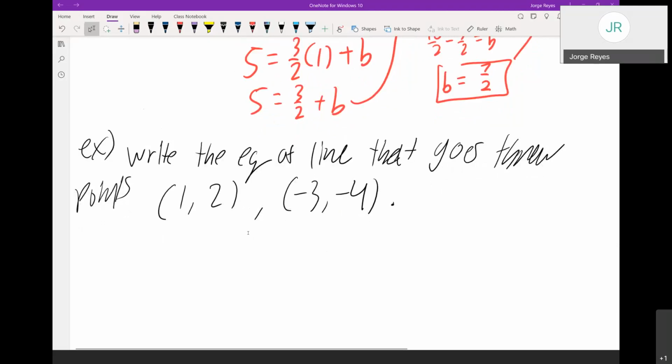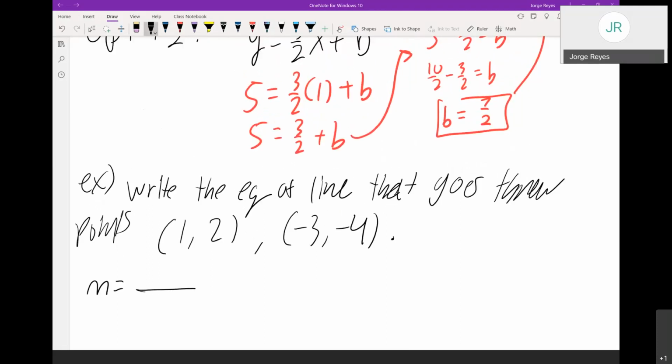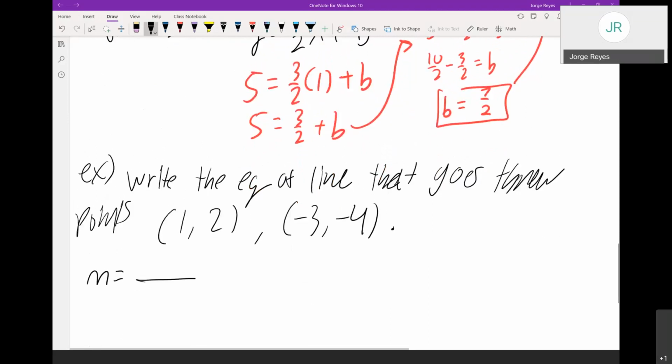Okay, so m equals, and so this is why we talked about what the slope formula is. -4 minus 2 over -3 minus 1, which is -6 over -4, those cancel, 3 over 2.